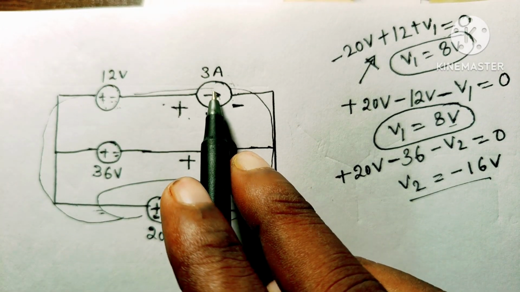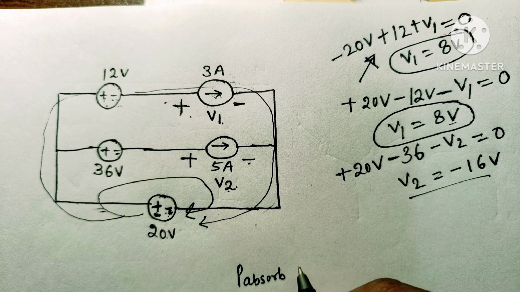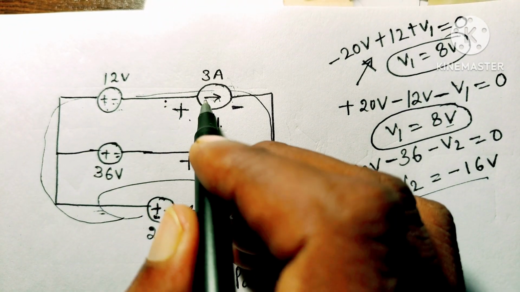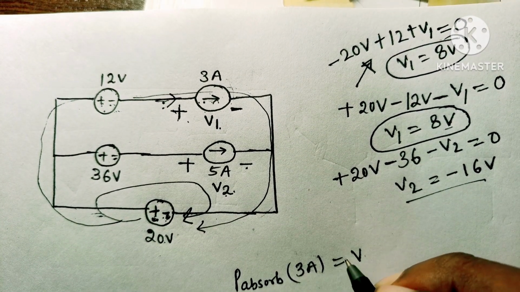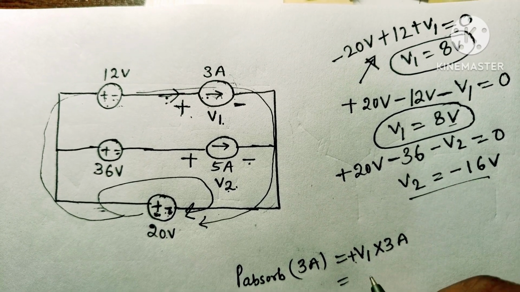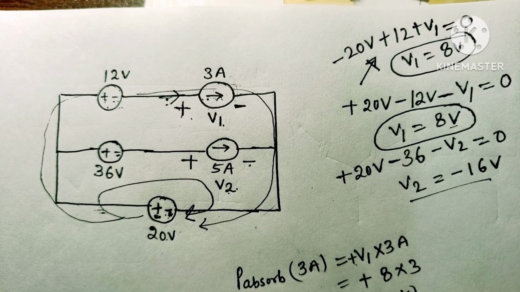Let's see how much power will be absorbed. Power absorbed by the 3 ampere source: since current is entering at the positive terminal, the power absorbed will be plus V1 into 3 ampere. As V1 is 8 volt, plus 8 into 3 is equal to 24 watt.